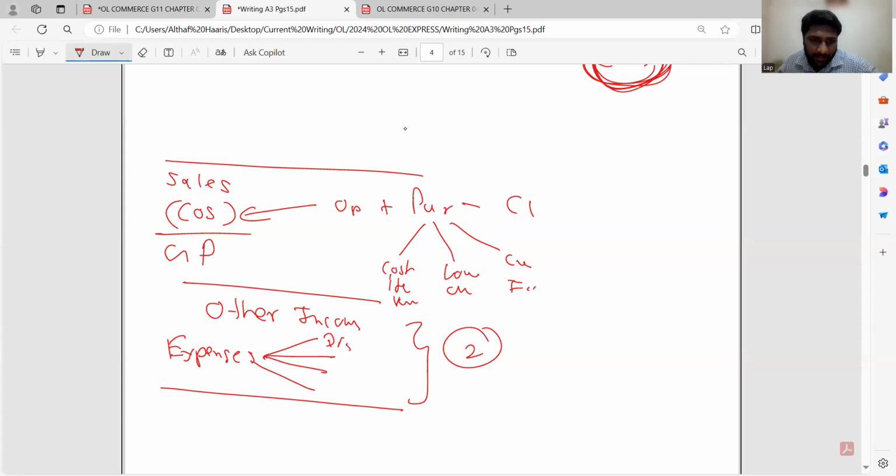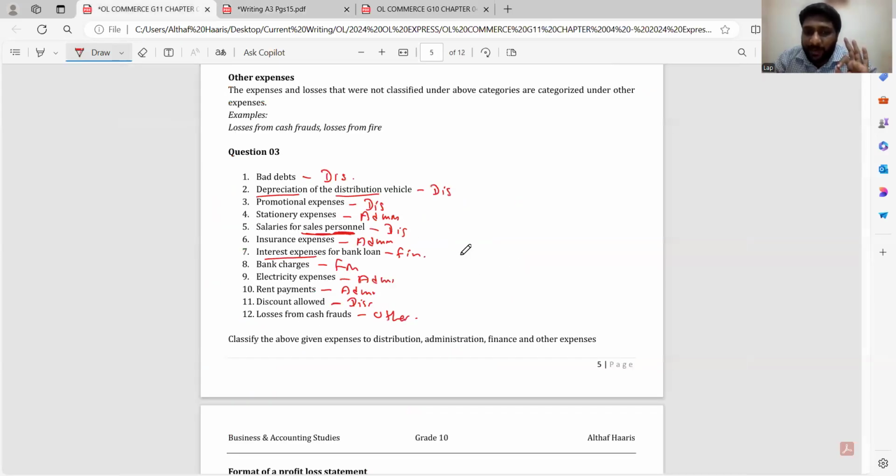Distribution, admin, other, finance. That is the second part. How to prepare the second part of the income statement, we will be learning next week. So now you can see perfectly that what we learned today is directly connected with next week's one.